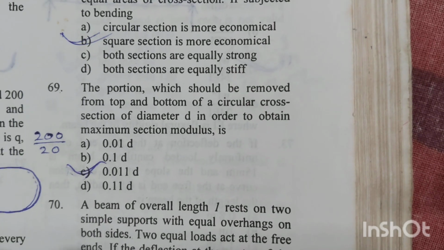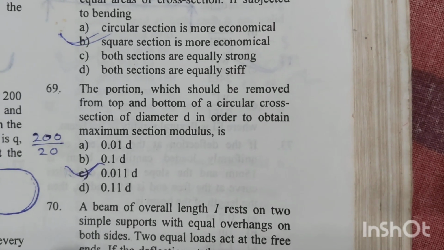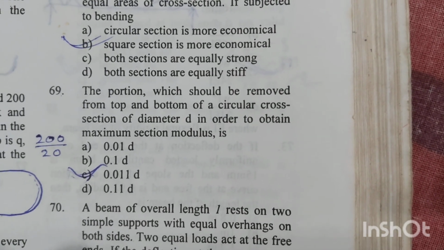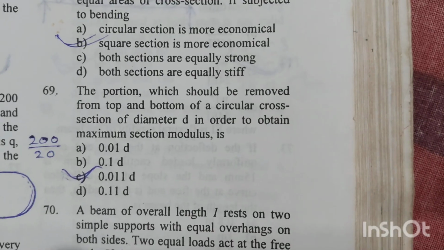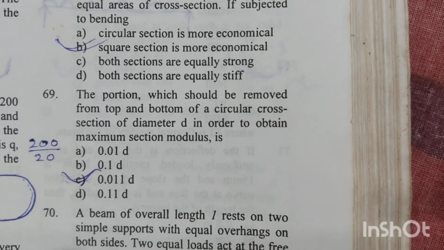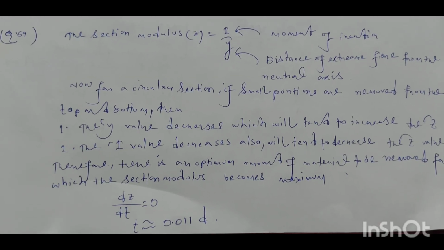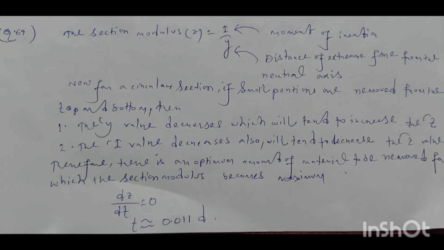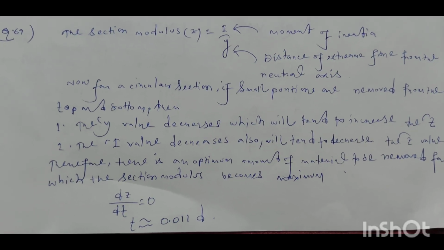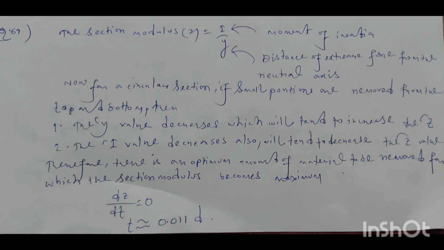Number 69. Consider the portion which should be removed from the top and bottom of a circular cross section of diameter D in order to obtain maximum section modulus. We know the formula for section modulus: Z is equal to I by Y, where I is the moment of inertia and Y is the distance of the extreme fiber from the neutral axis.